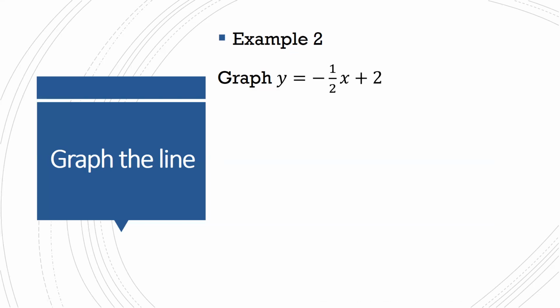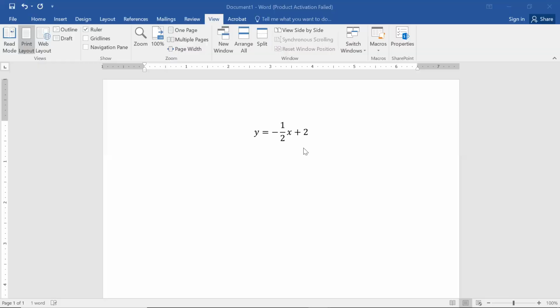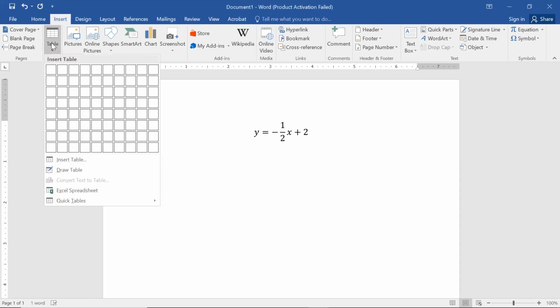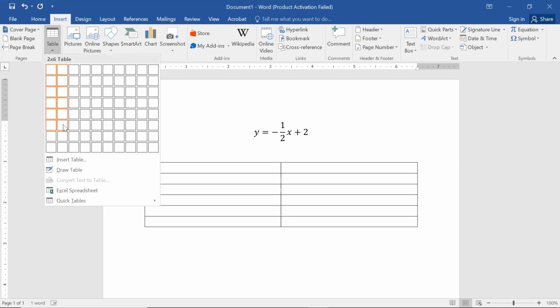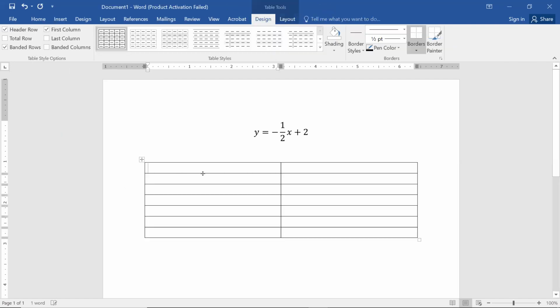Let's do another. Here's another line, y equals negative 1/2 x plus 2. And I'll go through this one a little bit slower. So I'm going to create a table, and in Microsoft Word, you can just simply create a table with x's and y's.